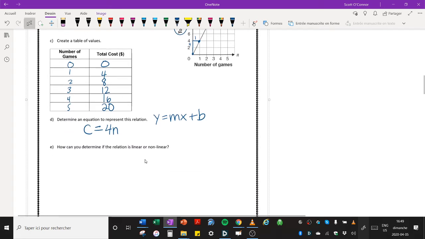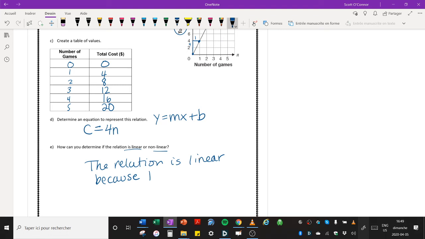And how do we know if this is linear or nonlinear? Well, we know it's linear. The relation is linear because the rate of change is constant.